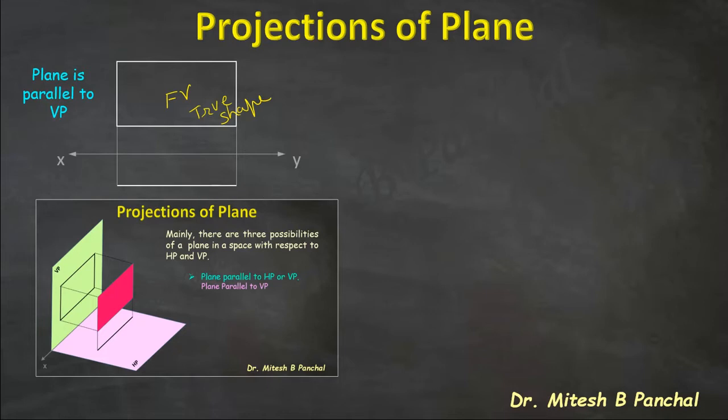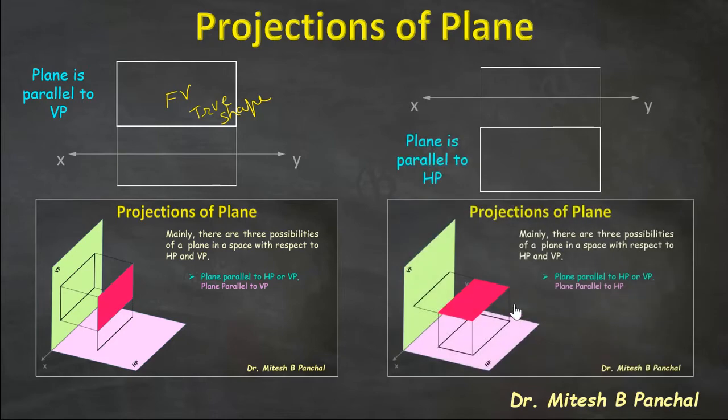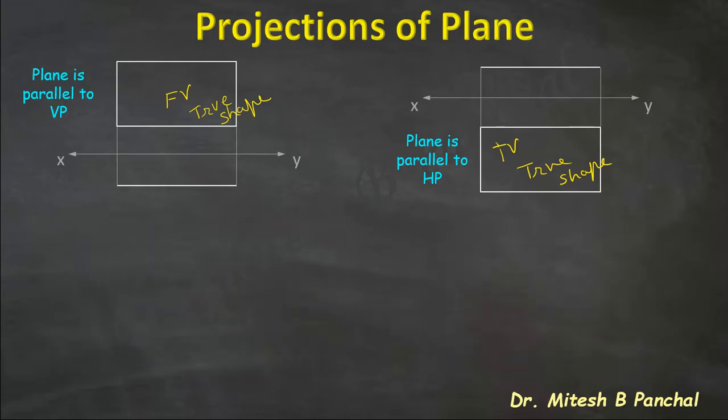And when the plane is parallel to HP, in that case the top view is a true shape and the front view is a line view, and that is parallel to XY line. So this is all about the first possibility.